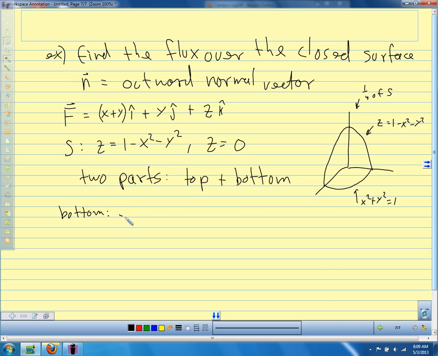This is easy. The outward unit normal vector n is negative k hat. F dot n, take the dot product of this with negative k, is just negative z.